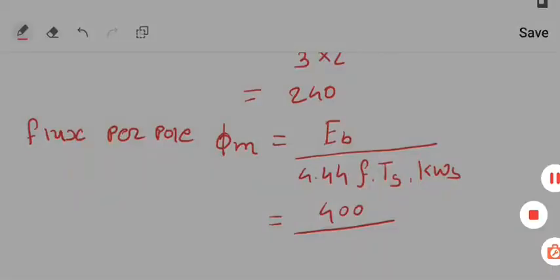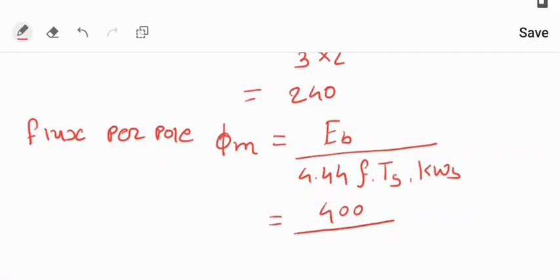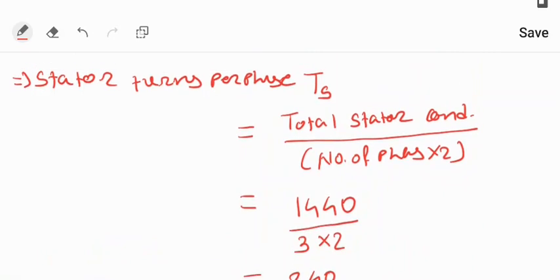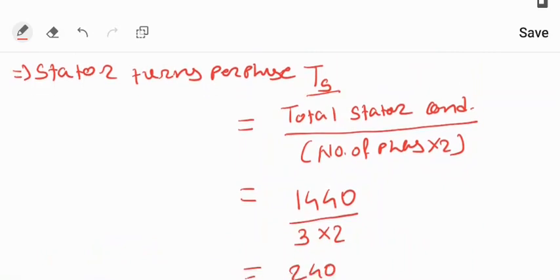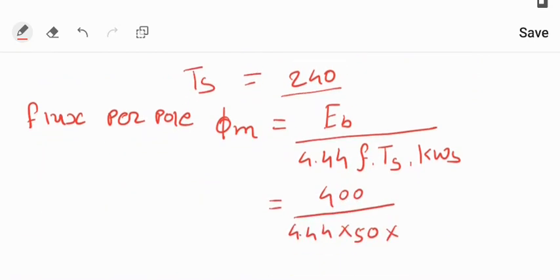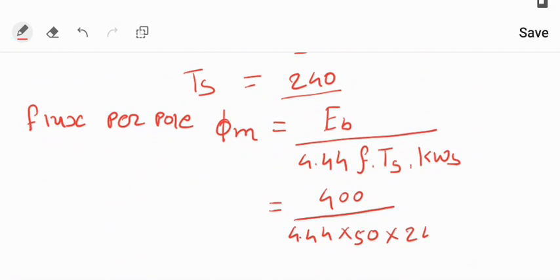Then 4.44, and F stands for the frequency, which is 50. The value of TS, which we just found, is the stator turns per phase, that is 240.